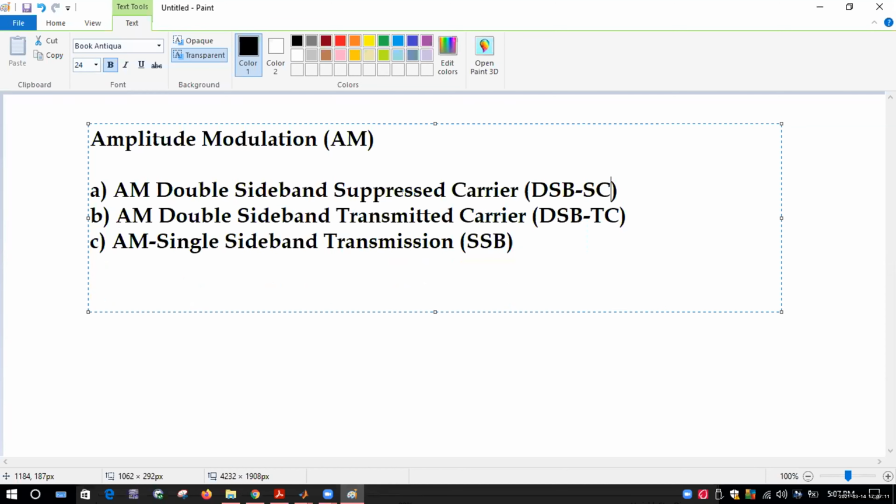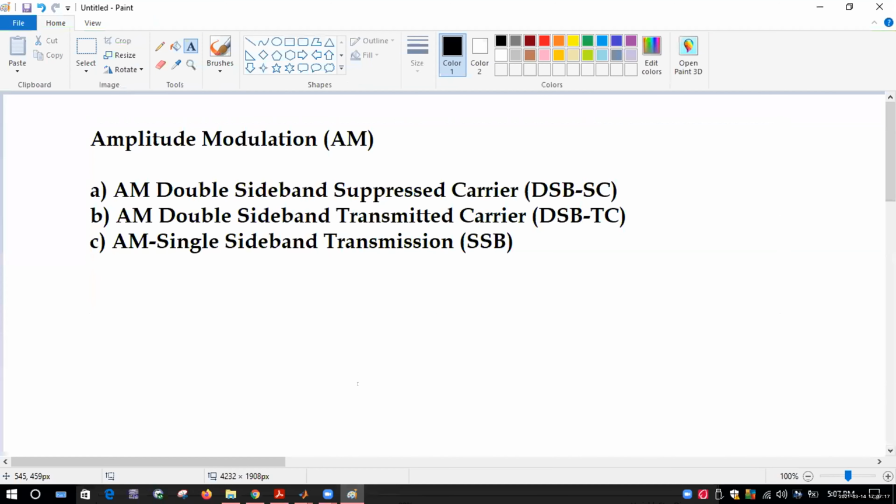But the question is, what is AM? Does anyone know what amplitude modulation is? Do you have a little bit of an idea about what it means? The amplitude of the signal. No, the question is, why do we need amplitude modulation, and what is it actually?